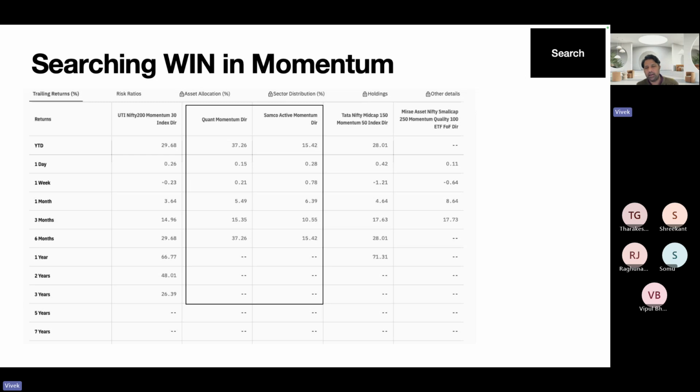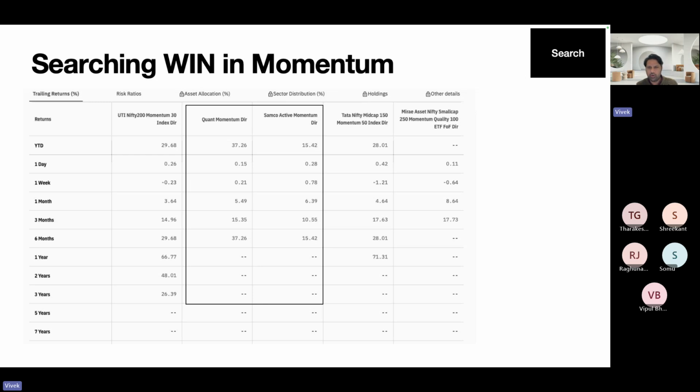I also found that in Indian markets, there is no long history for momentum funds, right? This screen is taken from the Value Research website, and as I can see, the latest return information that we have is only 3 years back, when I think the UTI Nifty 200 Momentum ETF was launched. So with such little performance information available in the public domain, it makes it a very difficult decision to actually select something.